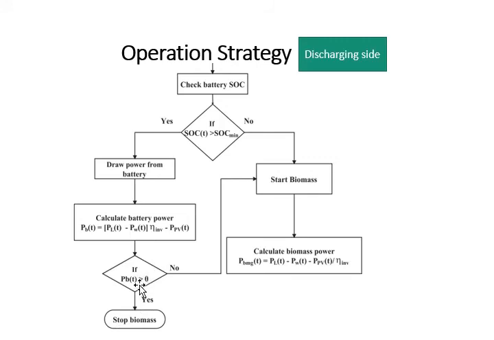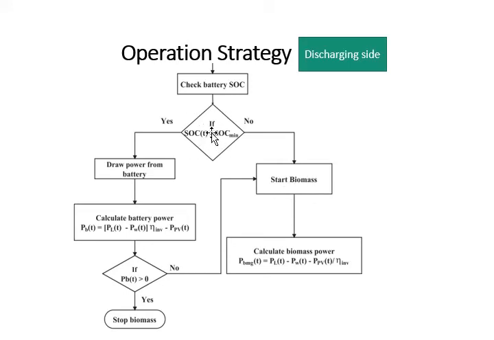In case your battery is not sufficient to meet that deficient amount of power, because the wind renewable energy source alone is not sufficient to meet the load demand, you have to start the biomass. In case you have a DG, you have to start the DG, or whatever conventional or redundant sources you have. Otherwise, if you are connected to the grid, you will take the energy from the grid.